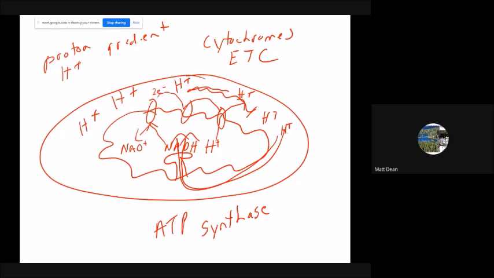And that enzyme will use that energy from those moving H pluses to put together ADP and P to make ATP. This process of using an H plus gradient to make ATP is called chemiosmosis. And it's how most ATP is generated in your body. It happens this way in an electron transport chain, and something very similar happens in photosynthesis.